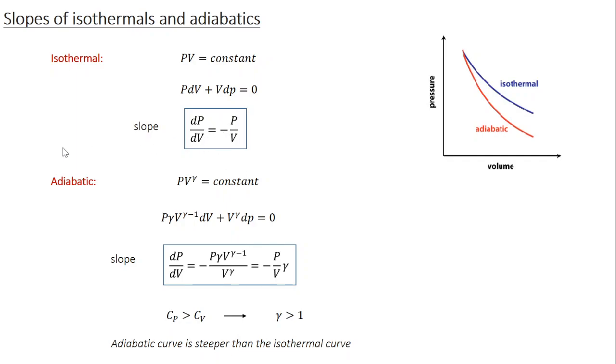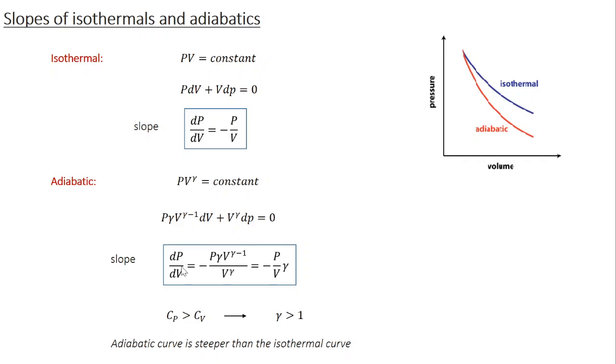Let's now calculate the slope during an adiabatic process. We know that here PV to the power gamma is a constant. Take the derivative. So the derivative of V to the power gamma is gamma into V to the power gamma minus 1 into dV, plus V to the power gamma into the derivative of P, which is dP, equal to the derivative of a constant, once again 0.